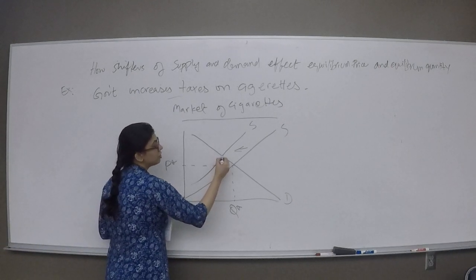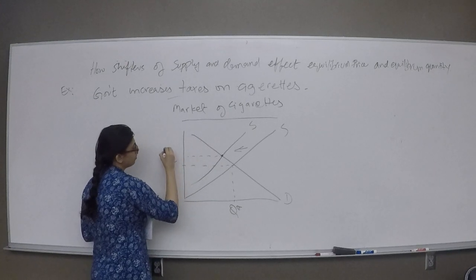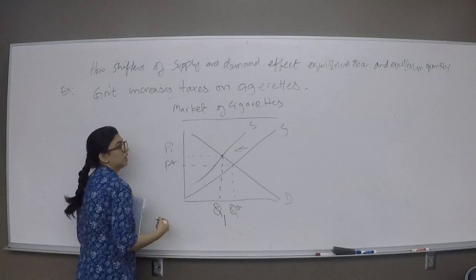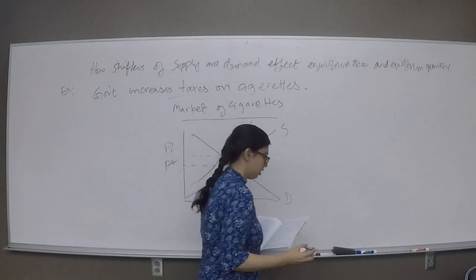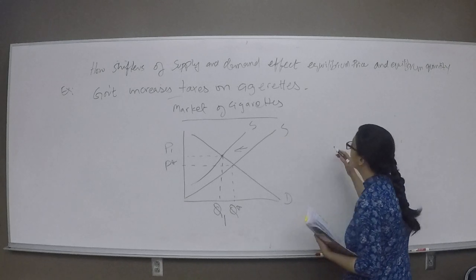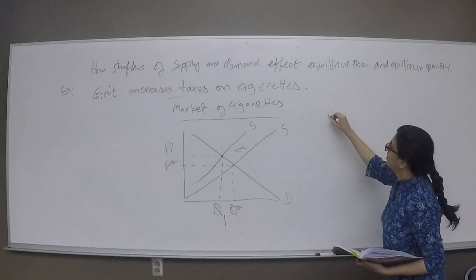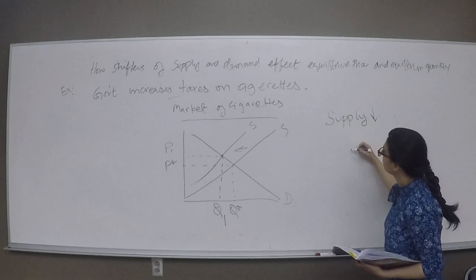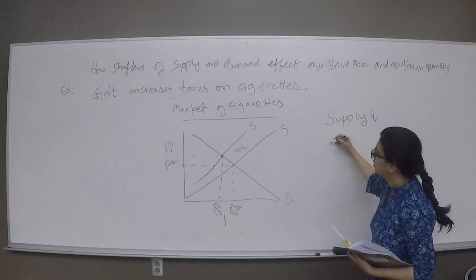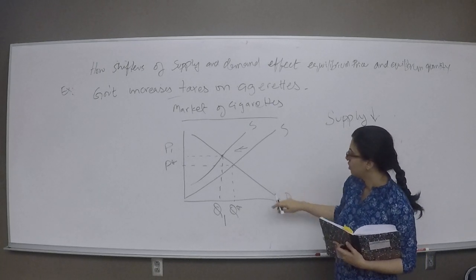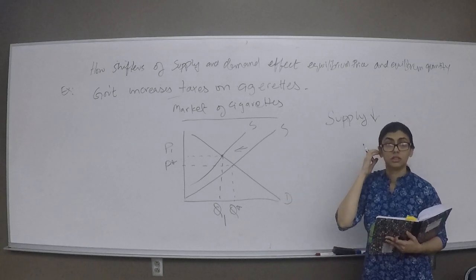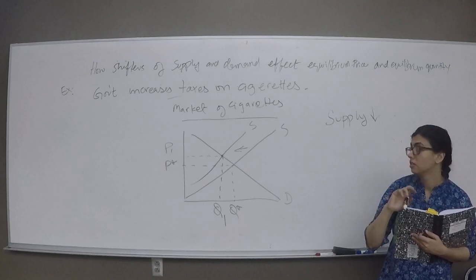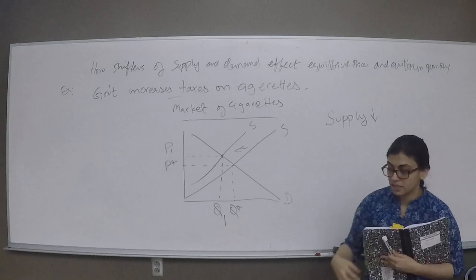Now, this is your new equilibrium point. We'll call this P1, and we'll call this Q1. So what's happening in this graph? Supply has decreased. What is happening to demand? Quantity demanded is decreasing.